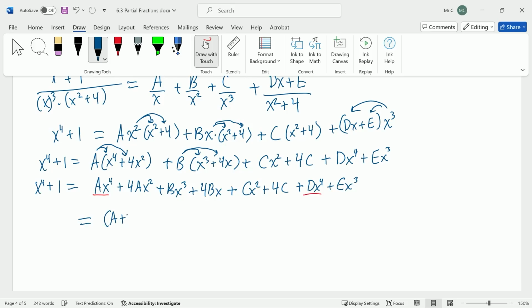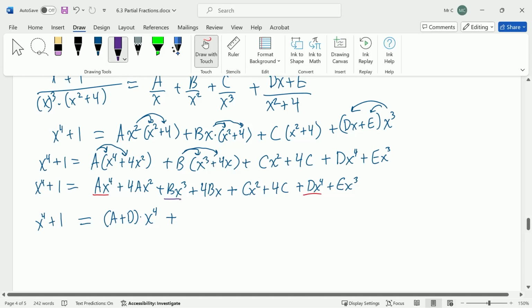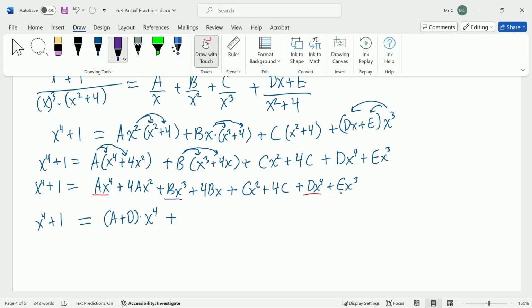And that gives me a plus d times x to the fourth. I'm not doing anything to the left side of the equation again. Plus, now I'm going to look for all my third power terms. So that's bx cubed and ex cubed. And I'm going to do the same basic thing. I factor out the x cubed, I get b plus e times x cubed.